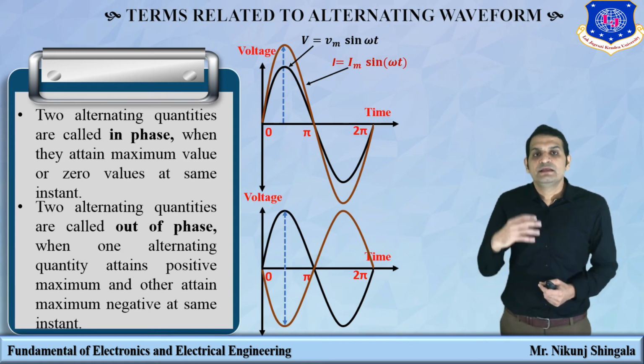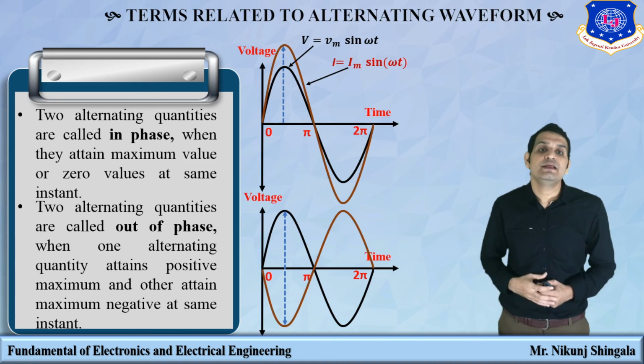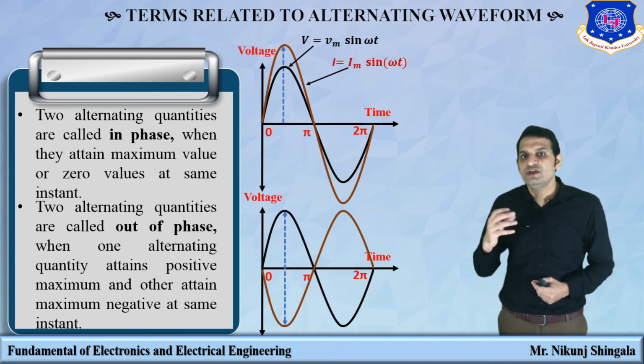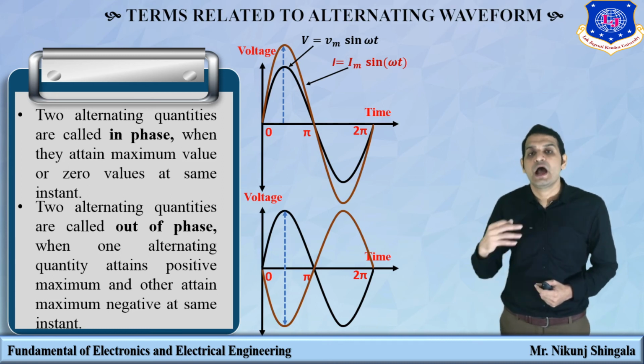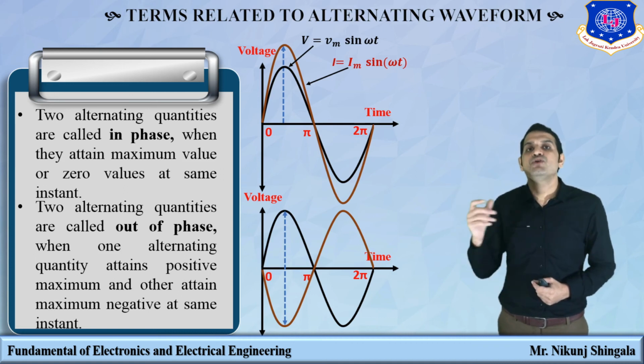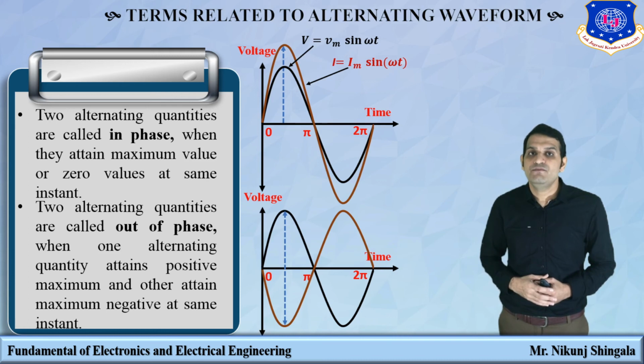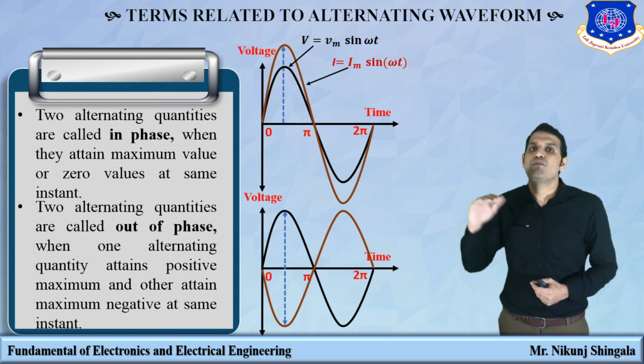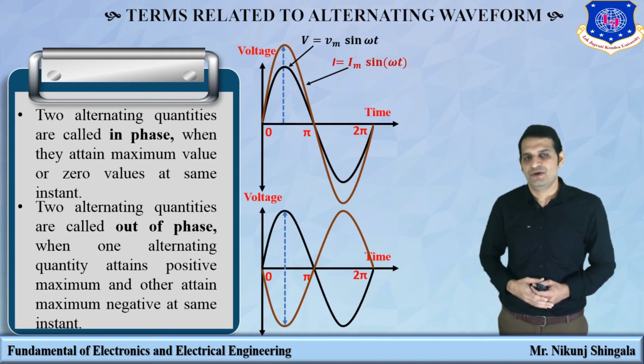So we can say there is a phase difference of 180 degrees between these two quantities. So these two quantities are known as out of phase quantities. In the upper case, you can see both quantities attain the same maximum value at the same instant. So both are said to be in phase quantities.